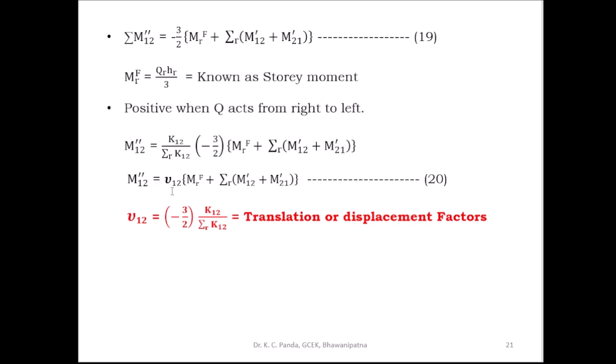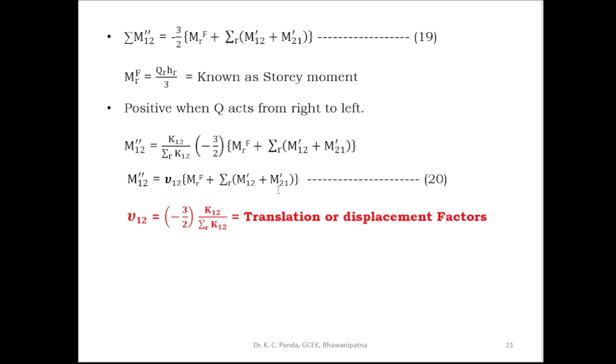So that you can denote nu 12, and the translation or displacement moment that you can find out, that is M double dash 12, is equal to the translation or displacement factor into the story moment plus summation of M dash 12 plus M dash 21.